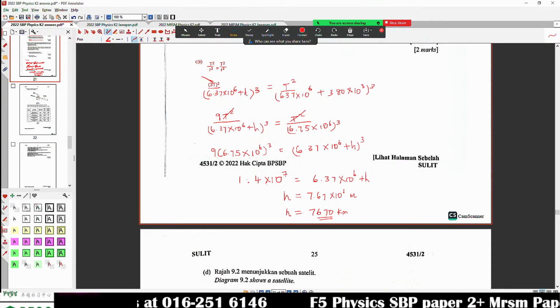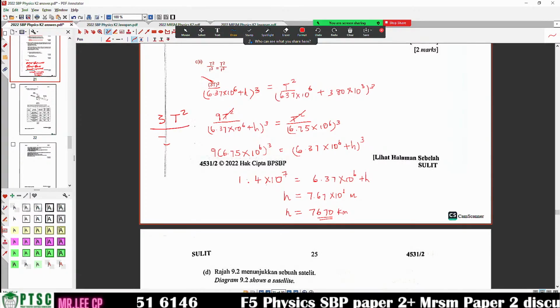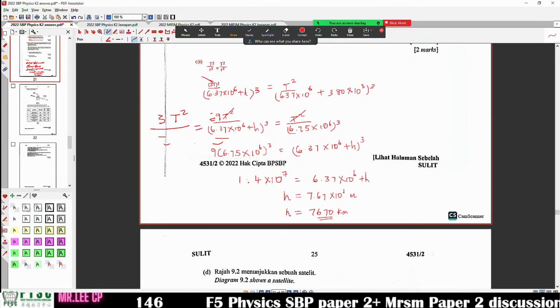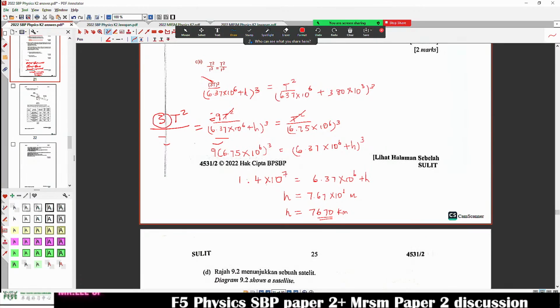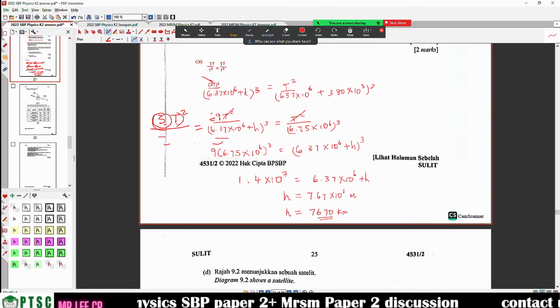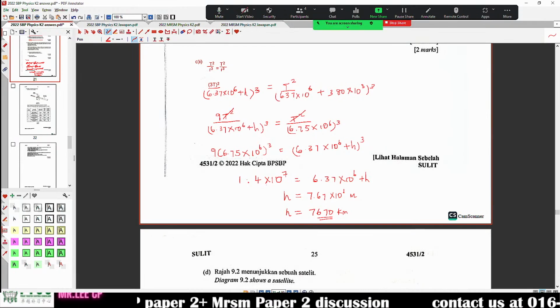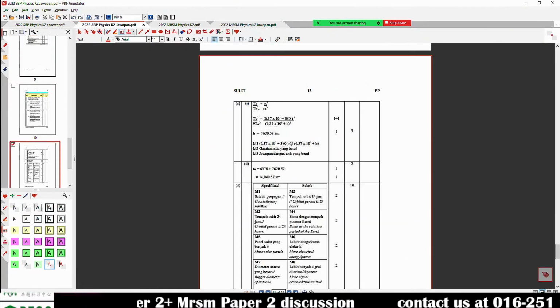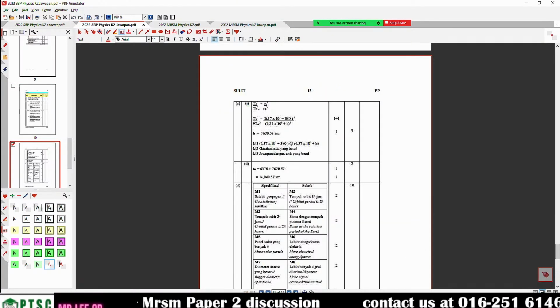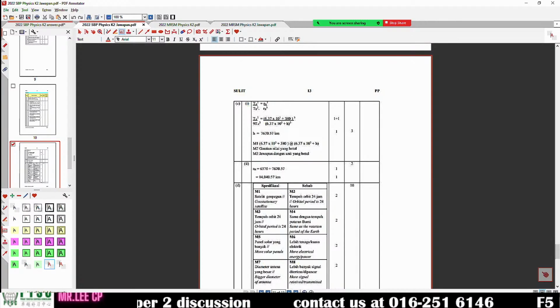What you did is 3 and then t squared over something is equals to something over something. This 3 is wrong, because this 3 belongs to 3 times the period, so it has to be squared. That's why we got 9. You see the answer? We got 9 here, right? They didn't show you this, 3 squared is 9. Is that okay?